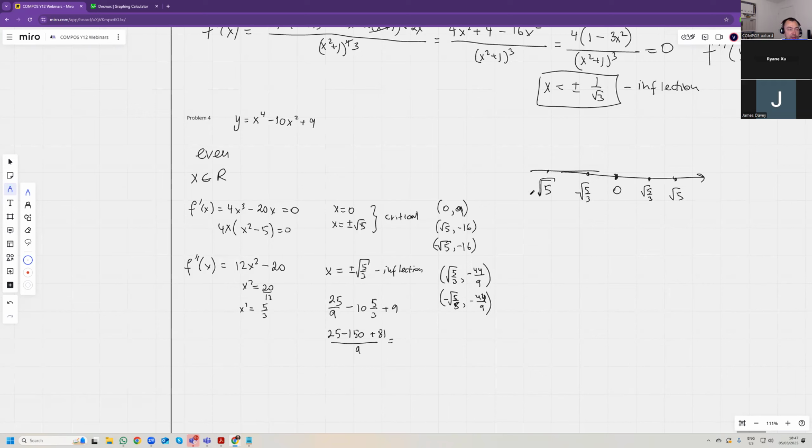Okay, we haven't found the zeros, and we actually can find the zeros. So zeros: x to the power 4 minus 10x squared plus 9 equals 0. x squared minus 1, x squared minus 9 equals 0. x equals plus or minus 1. x equals plus or minus 3.